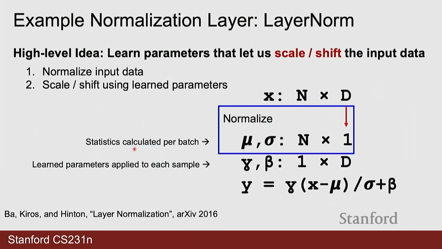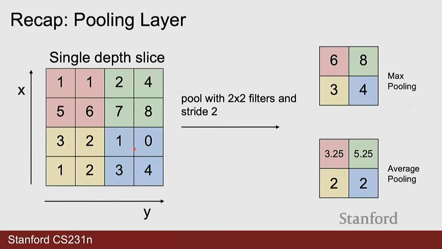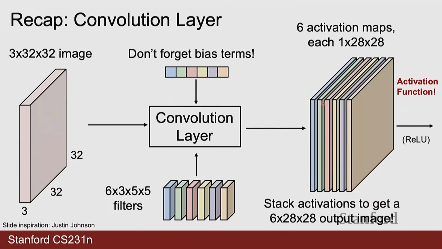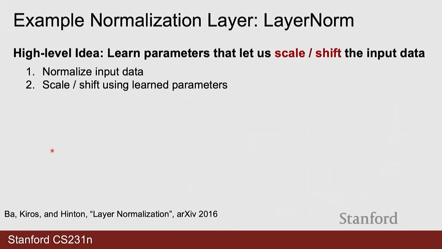So looking back at this diagram, you would basically be calculating one mean and one standard deviation over all of these values. For each of our input data points, we're calculating one mean and one standard deviation across all of the channels, all of the height and width dimensions. So this is what layer norm is doing.